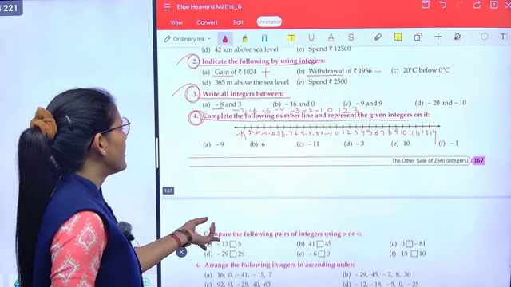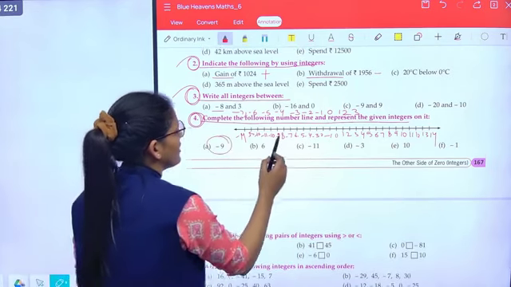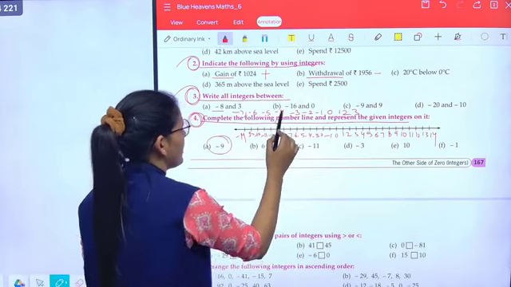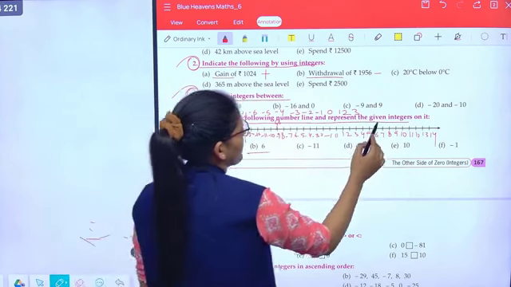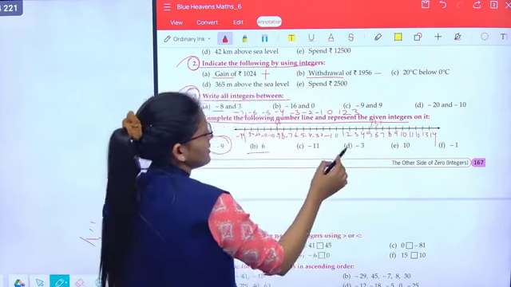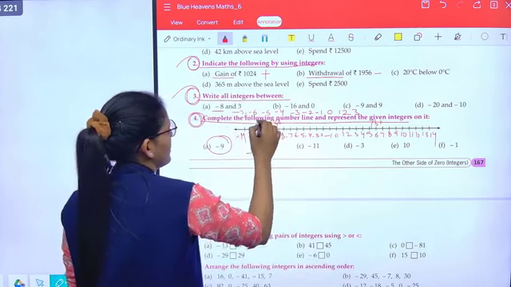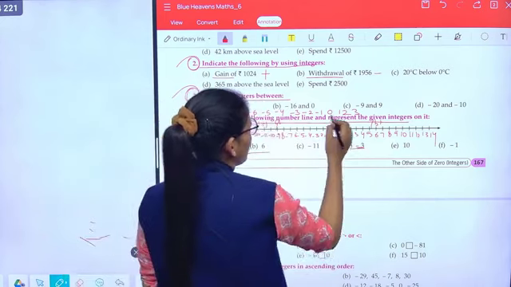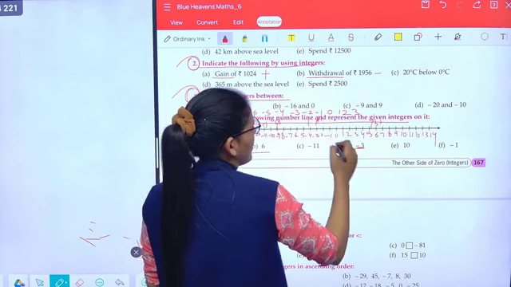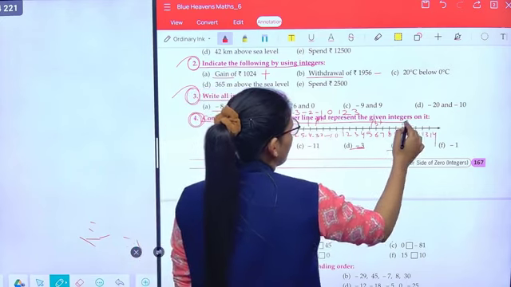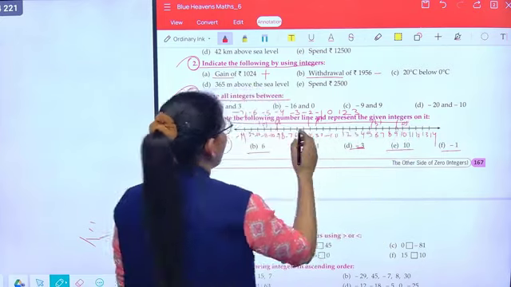Now class, where is -9? Here it is. Now it is A. Now 6 is B. Now -11 is C. Now -3 is D. Now 10 is E. And F is -1.